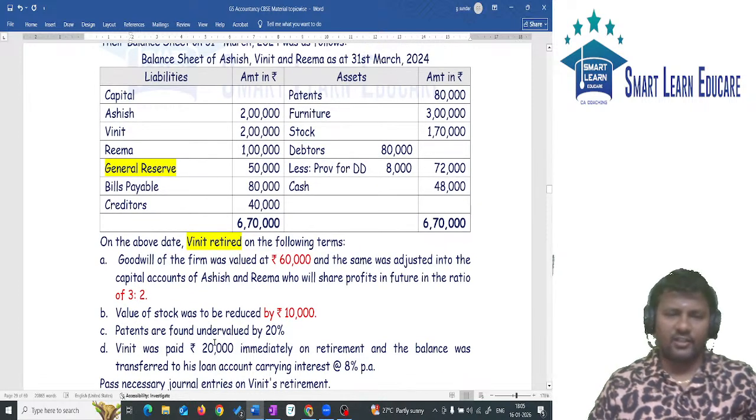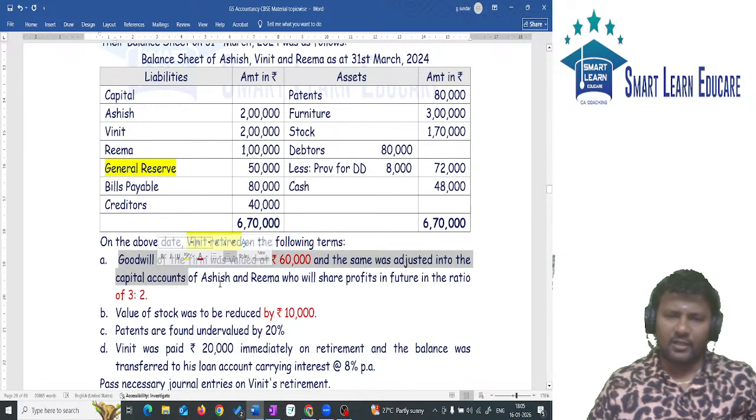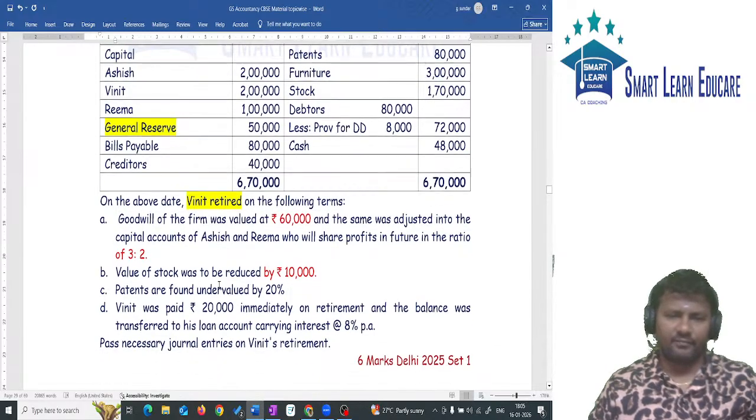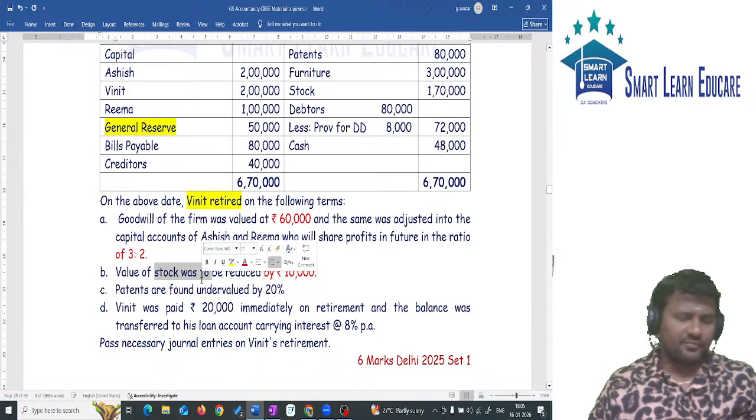Quickly try these entries. Goodwill entry, gaining partners to sacrificing partner. Stock is reduced.